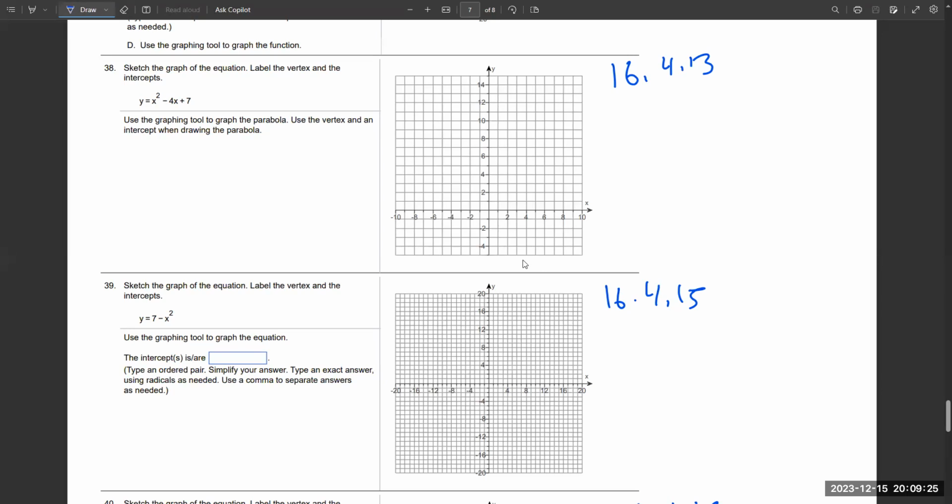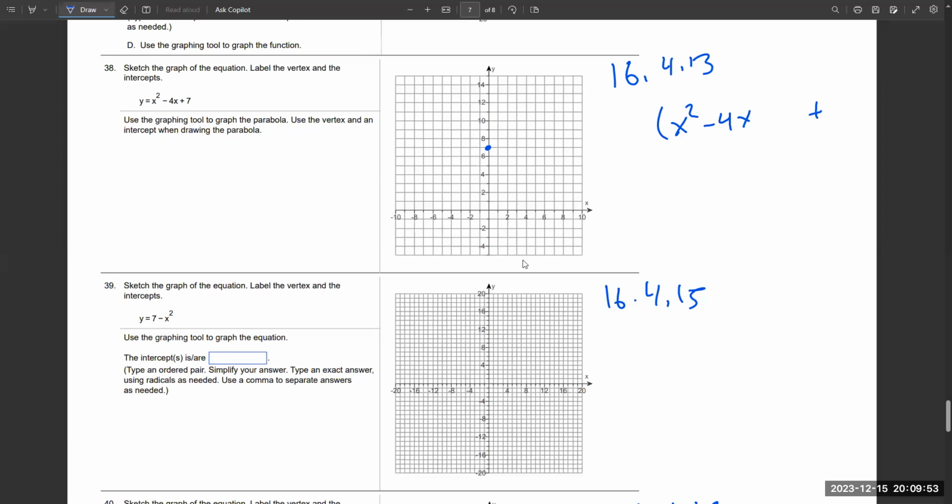So let's start off with the y-intercept here, which is at 0, 7, right there. And I don't have any factors of 7 that add up to be -4. So I'm going to have to try to first complete the square and then go on and use the quadratic formula if I can.